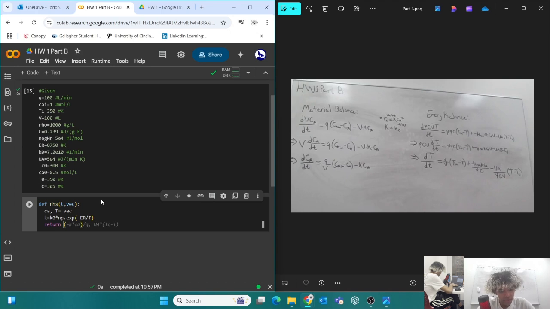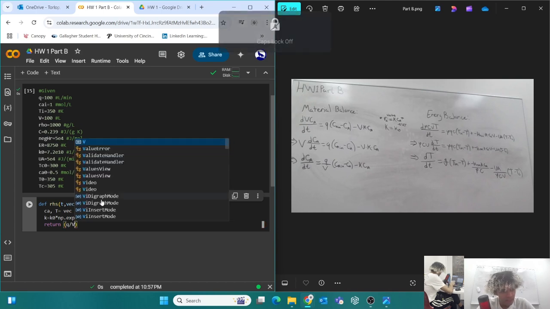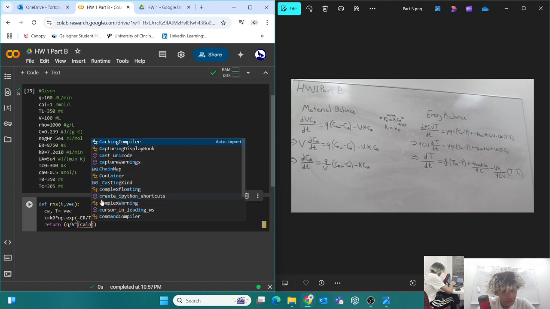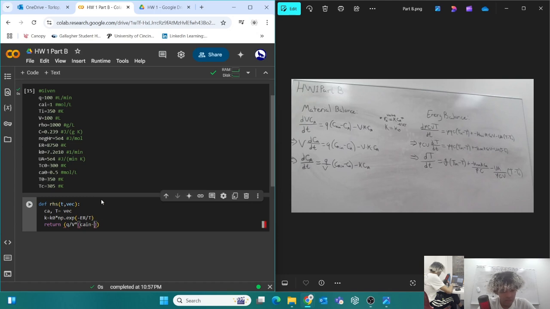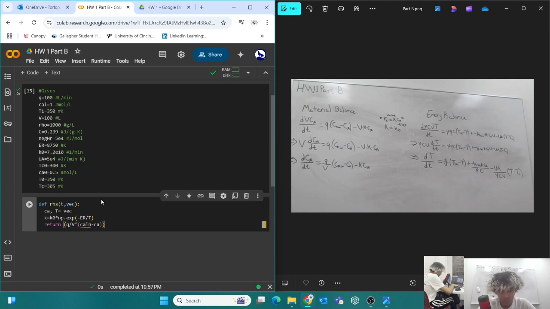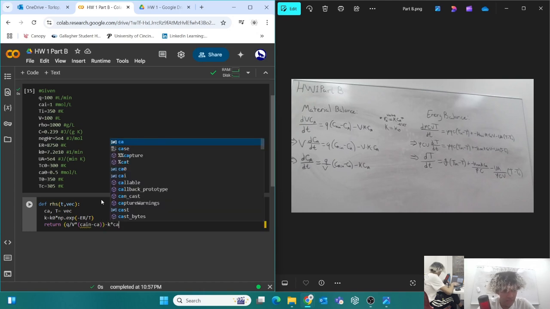So we're going to have Q divided by V, multiplied by CAN, minus CA. And then that is minus K times CA.